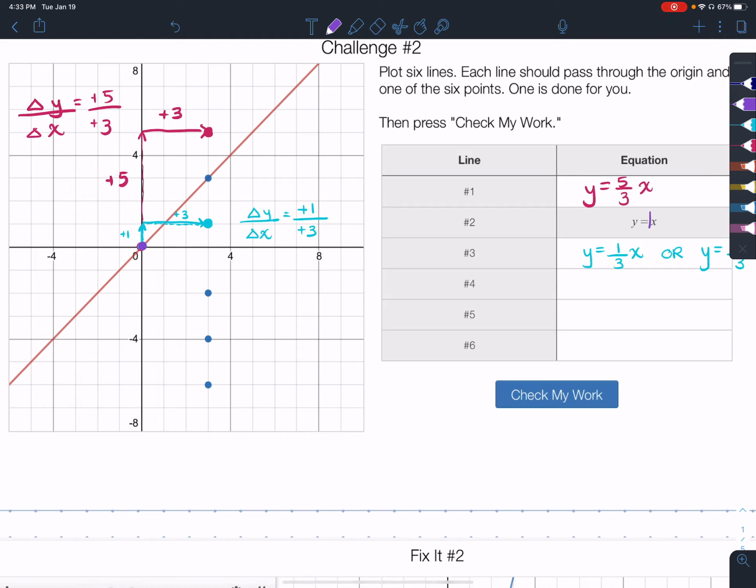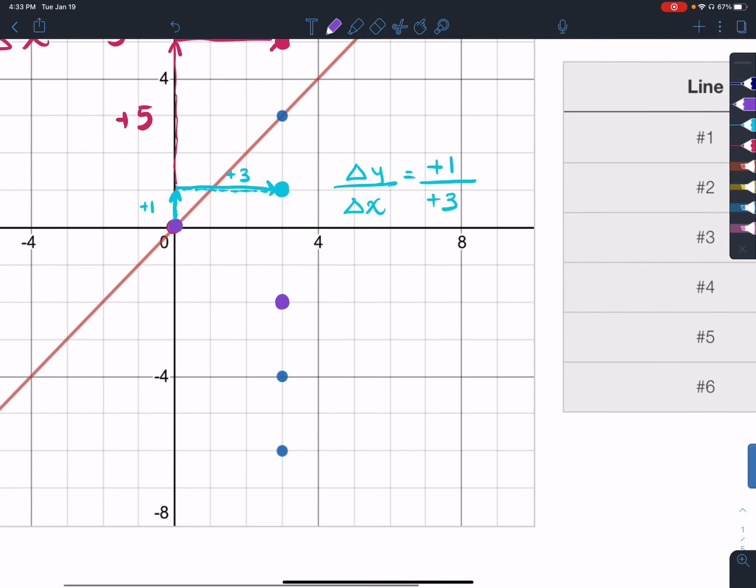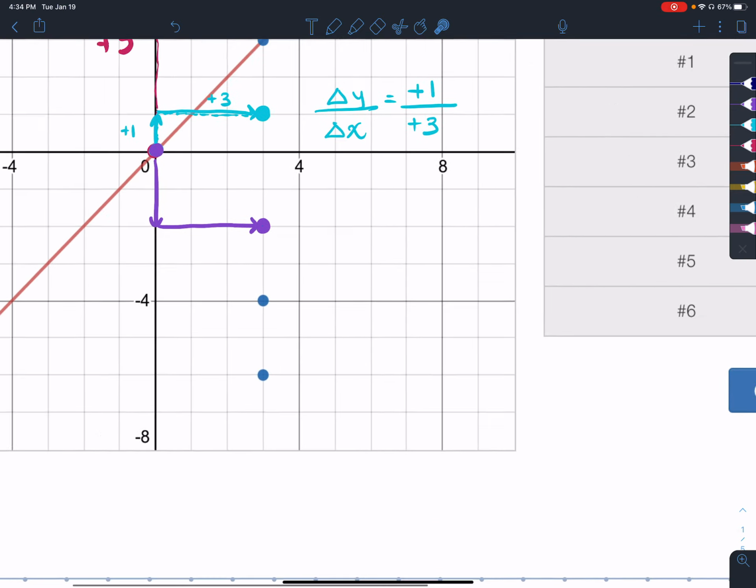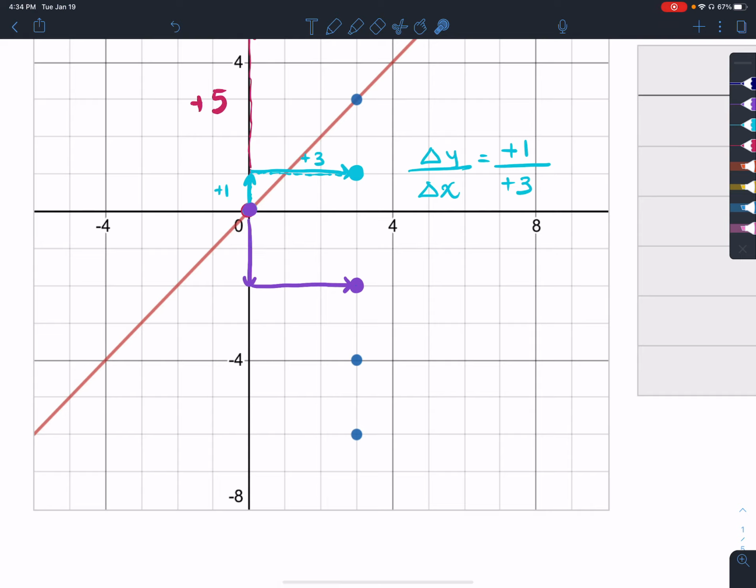So we're looking at connecting the origin with this point over here at (3, -2). Now we're looking at that vertical change and at the horizontal change. So now the vertical change is 1, 2, but since we are going downwards, it's represented by negative 2.